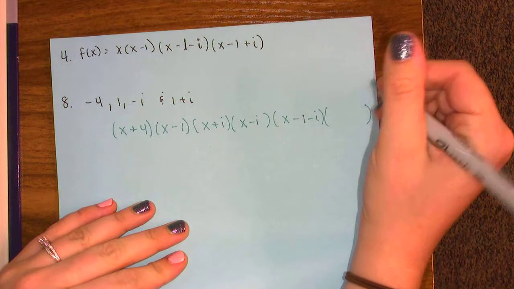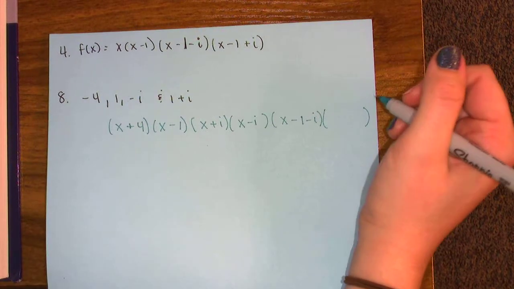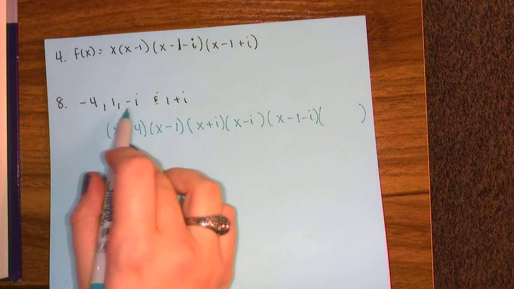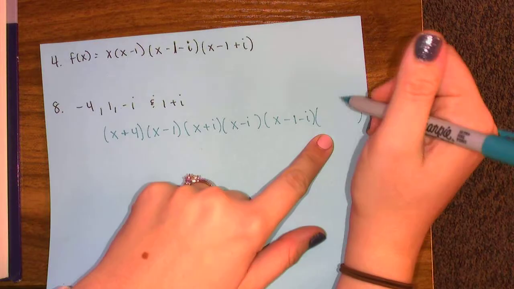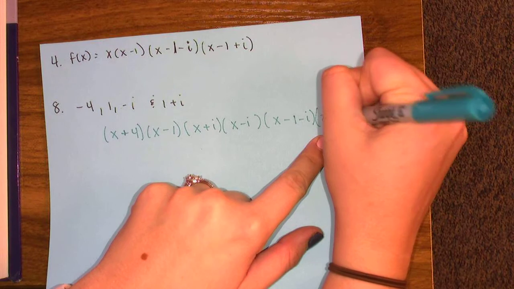Yes, that's why I wanted to do this one, okay? So even though i here is by itself, it still has a complex conjugate, okay? And then the same thing over here, okay? It's still going to be x minus 1, but it's going to be plus i in this case.